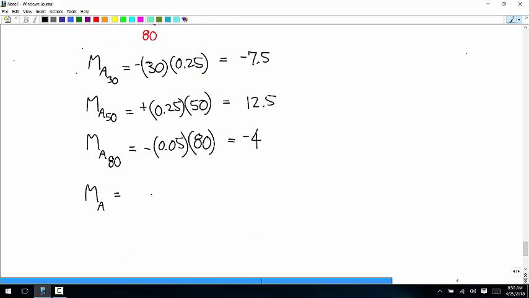And so the total moment about A is negative 7.5 plus 12.5 minus 4. So that is 1 newton meter. Yeah, that's what we got. Nice.